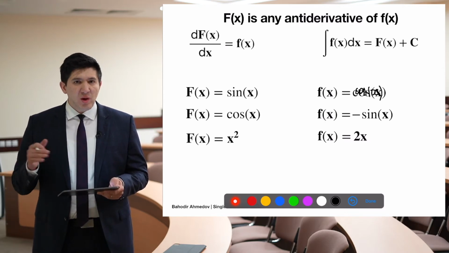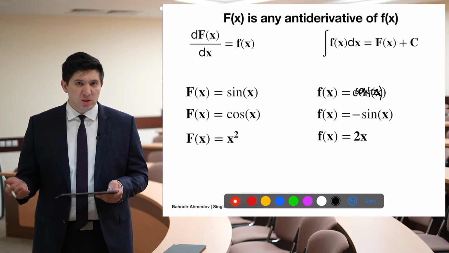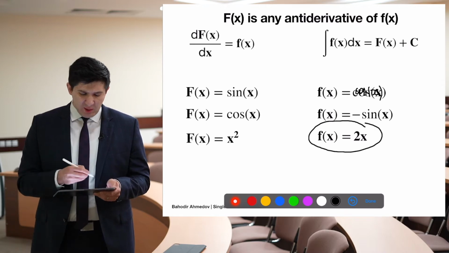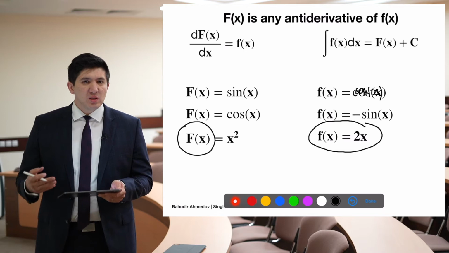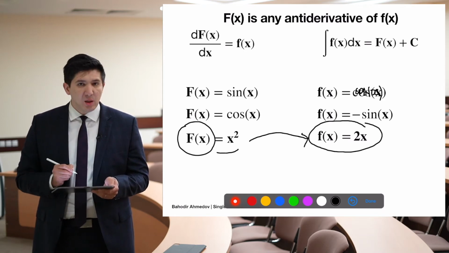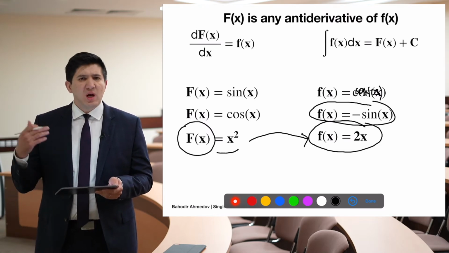What integration is about is to ask the inverse question. If you are given the function, what is going to be its antiderivative F of x, essentially the function such that if you take its derivative, you're going to come back to this function again. If you're given another function, minus sine of x, what is its antiderivative?